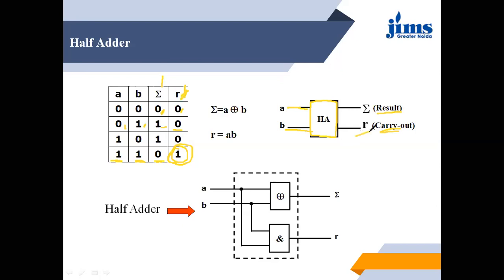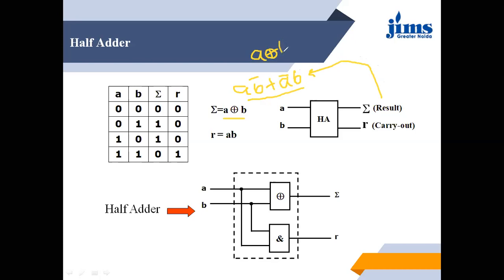For an example, it is going to be represented by R. So when we want to solve this using the K map, then after solving this using K map technique, we will get sigma equals to A B bar plus A bar B. When we are solving this using the K map, then the equation for the result for the sum we are getting is this one, and for this we can write A XOR B. This A XOR B is equivalent to this one.